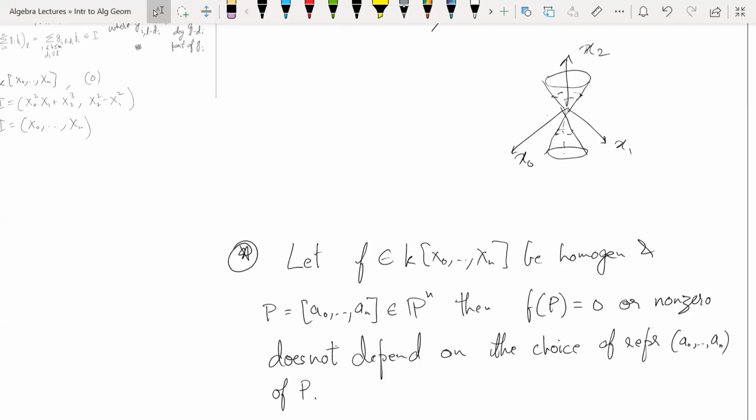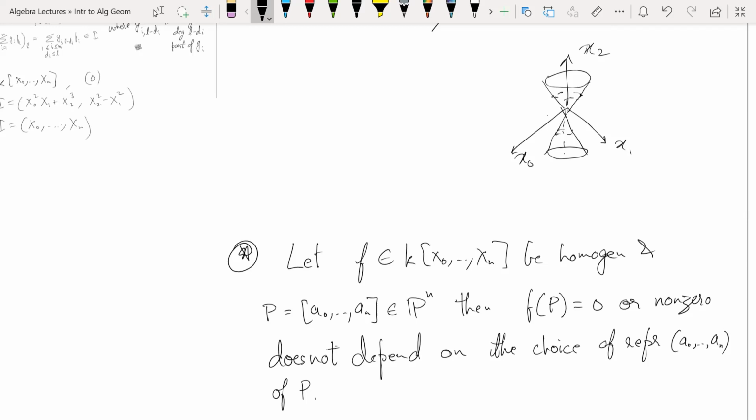So first thing to know, as I was saying, if you have some homogeneous polynomial F and P is a point in Pn, then whether F(P) equals 0 or is non-zero does not depend on the choice of the representation A naught to An. The value of the function, if it is non-zero, will depend, because if you multiply the vector by lambda, then the value of the function gets multiplied by lambda to the power of the degree of the homogeneous polynomial.